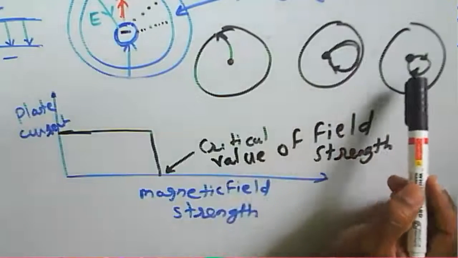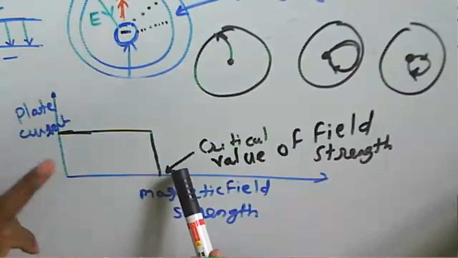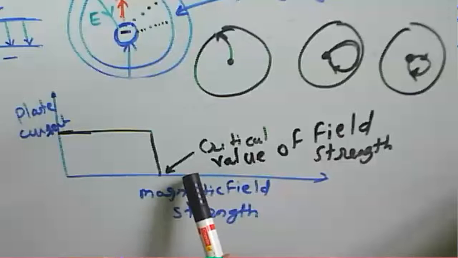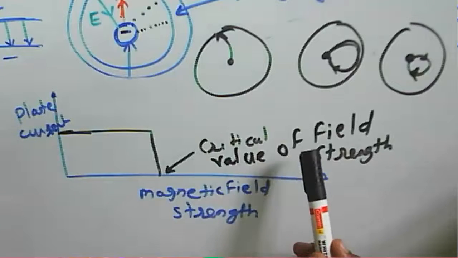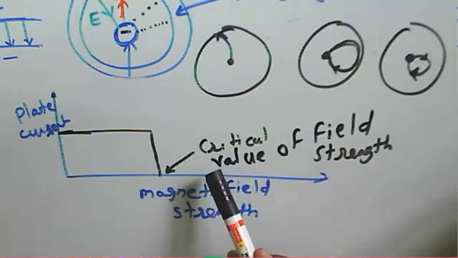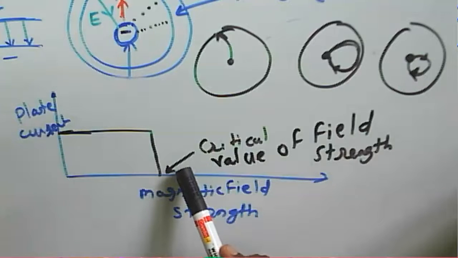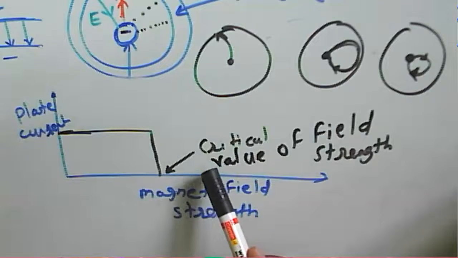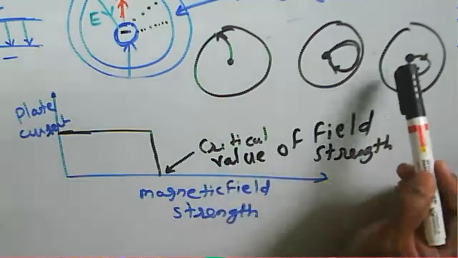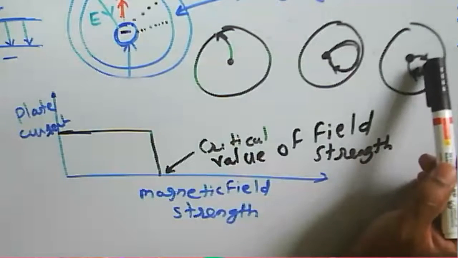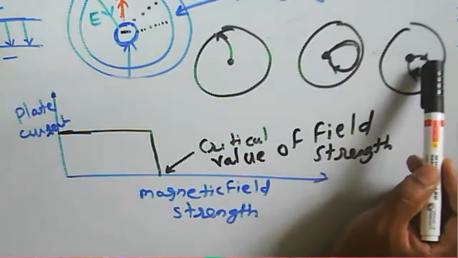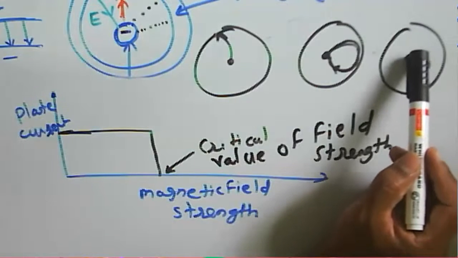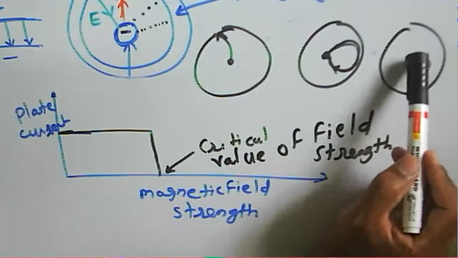In the other case, if the field strength is increased again to more than this critical value, the electron travels from the cathode and travels back again to the cathode, in a small circular path.